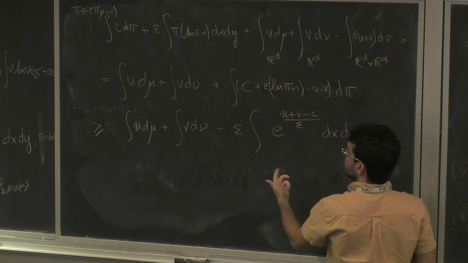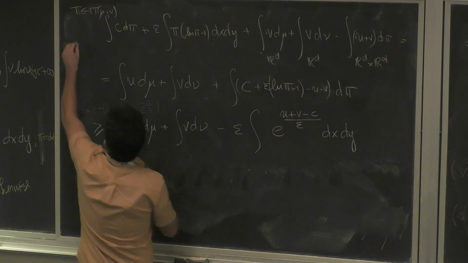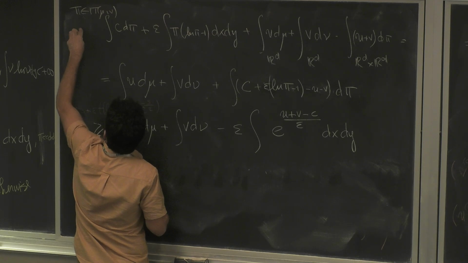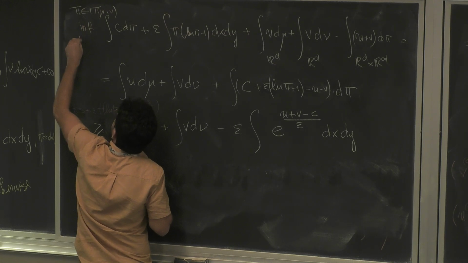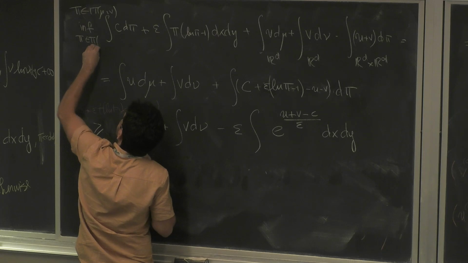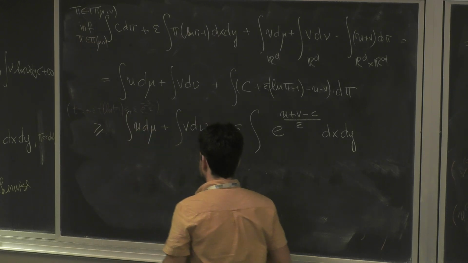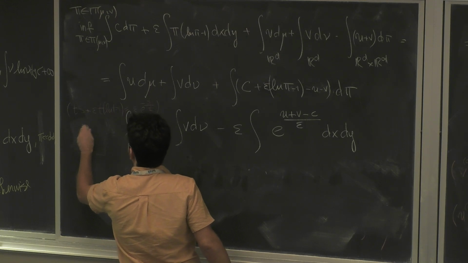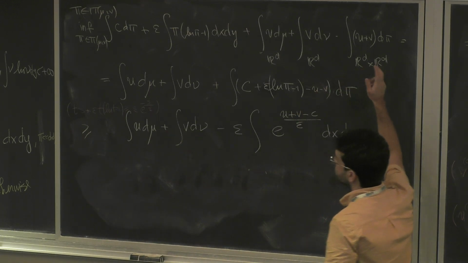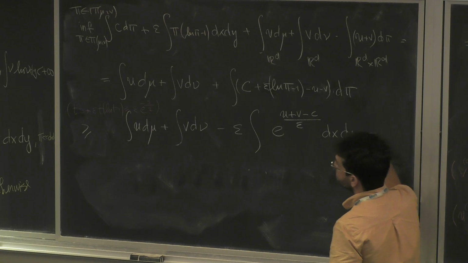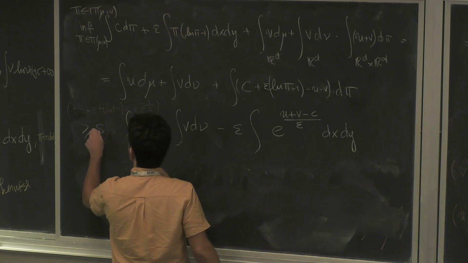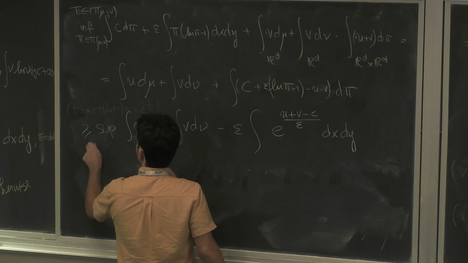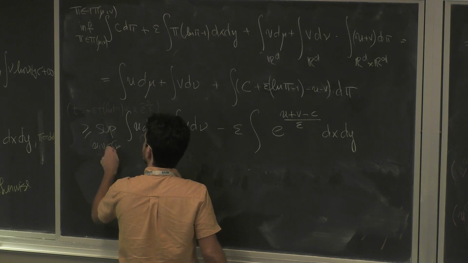This means this computation holds for any pi, in particular for the inf over pi that belongs to the set. The same thing here: this holds for any u and v that are continuous and bounded functions.